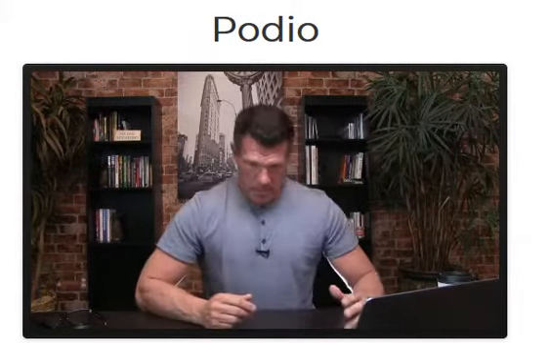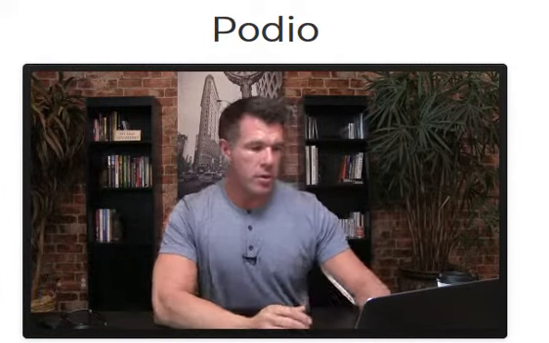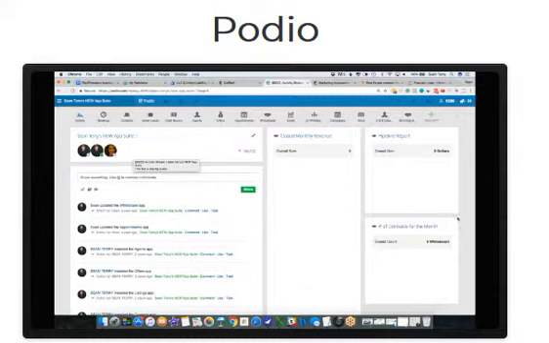Okay, so let's get into Podio. I'm excited to share with you Podio. I love Podio, and I'm going to show you exactly how you can populate my app suite into your Podio account. So let's get into it right now. So Podio. Okay, here is essentially a blank Podio app suite, right?